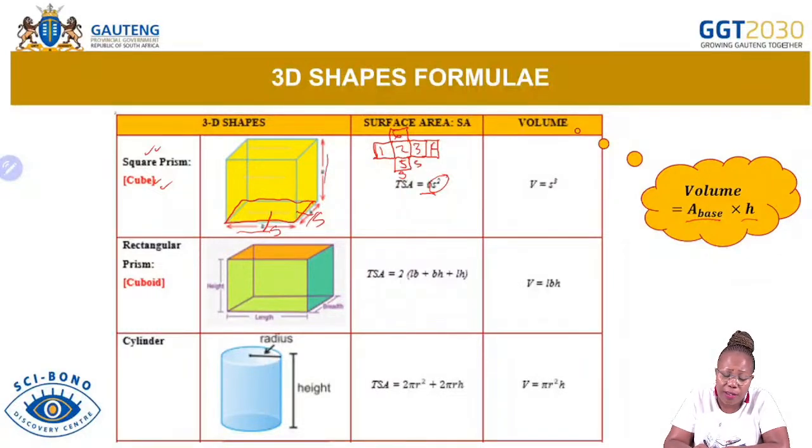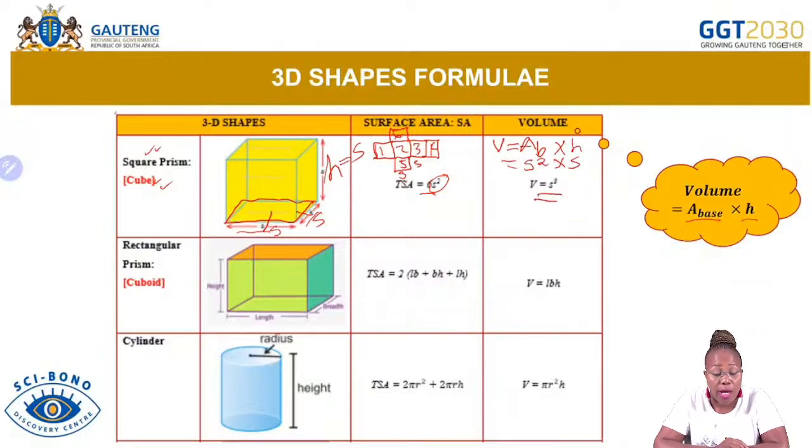So if we are taking the volume of the whole container, we need the area of the base times the height. What is the area of our base now? The area of the base will be s squared. And then the height of this, because it's a cube, is also s. So now we'll be multiplying by s. That is why we end up with V being s cubed for a cube.